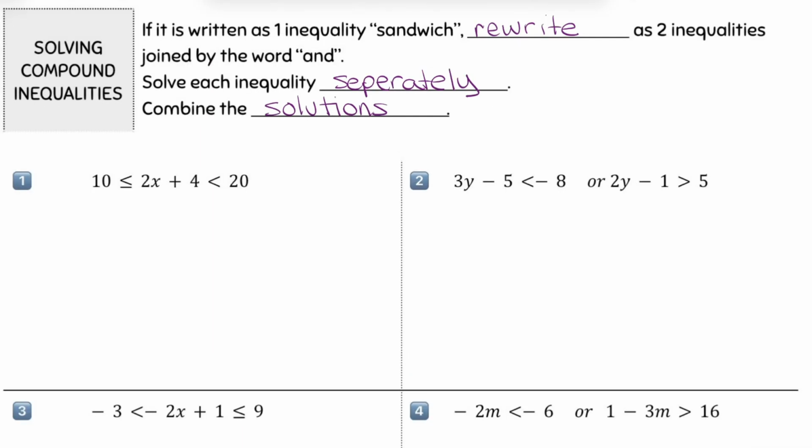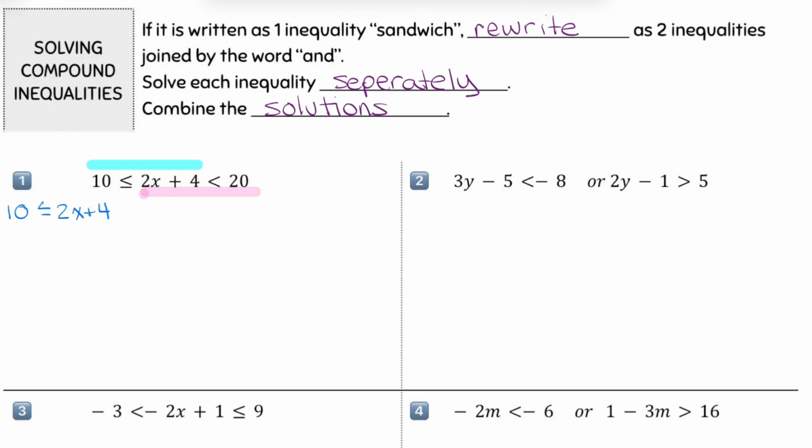All right, so let's check this out here. On the left, I have 10 is less than or equal to 2x plus 4. And on the right, I have 2x plus 4 is less than 20. So we have two equations. Our first one being 10 is less than or equal to 2x plus 4.